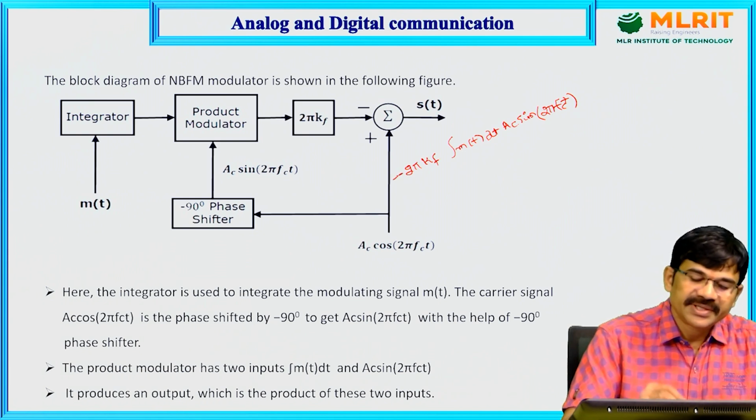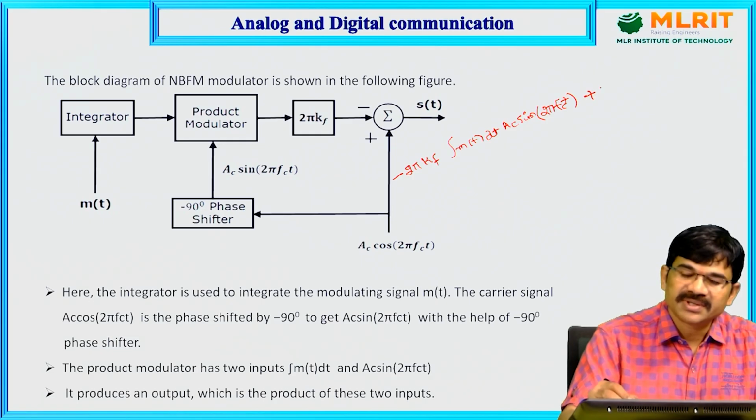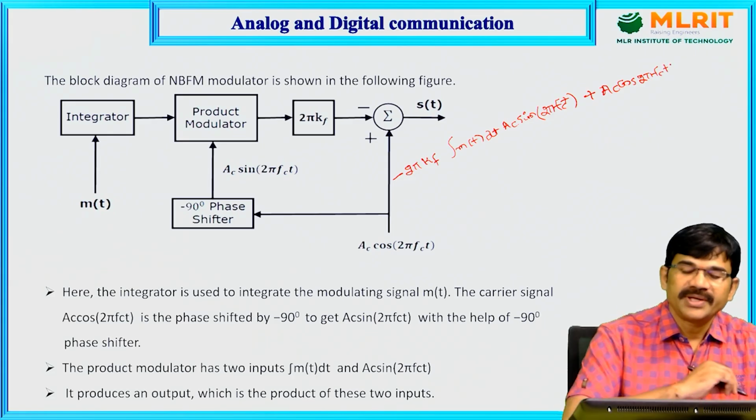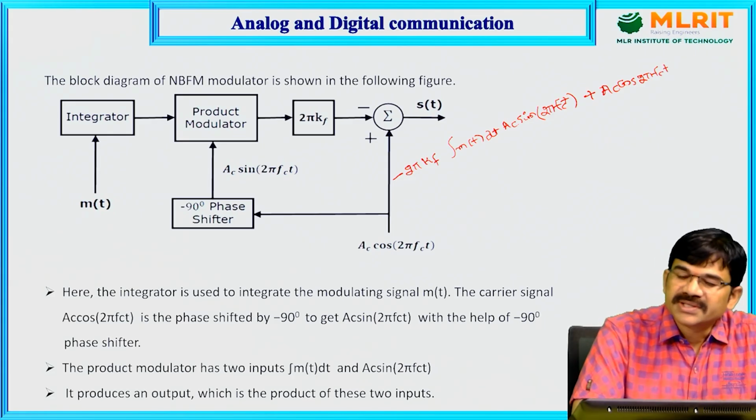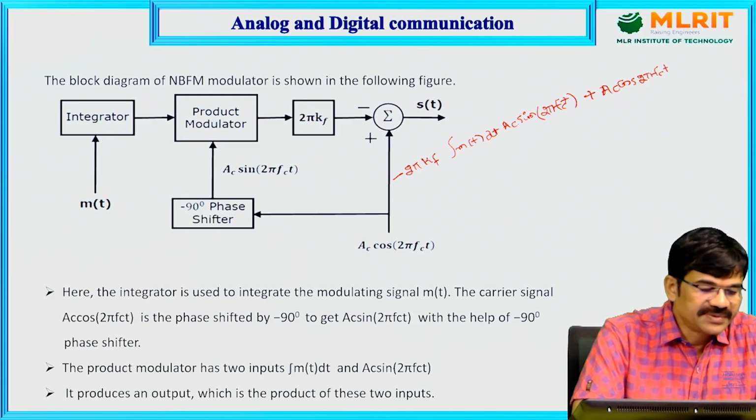This signal we are taking minus, and one more signal we are applying, that is AC cos 2 pi fct.